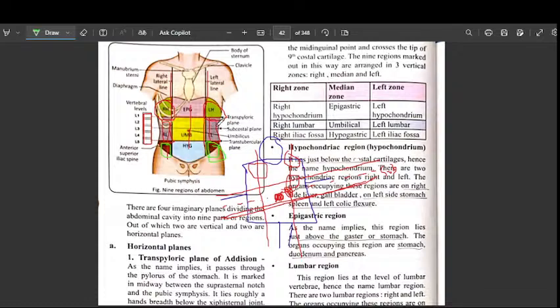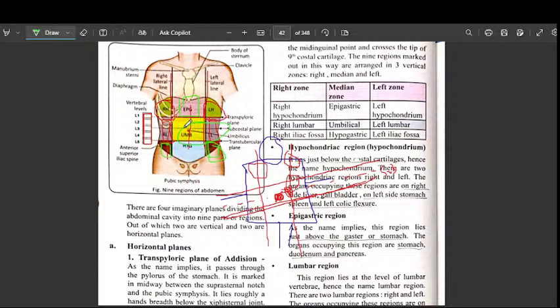Left hypochondrium, left lumbar, left iliac fossa. Right hypochondrium, right lumbar, right iliac fossa. So both sides are complete. Now come to the middle portion. That is epigastric. Epi means upper.